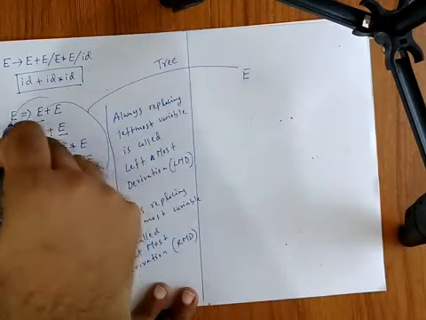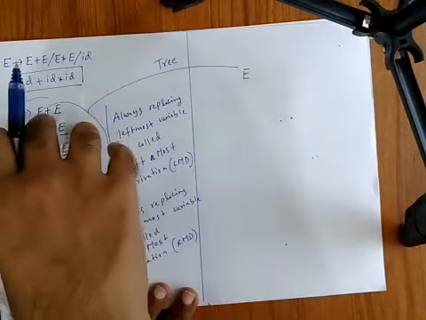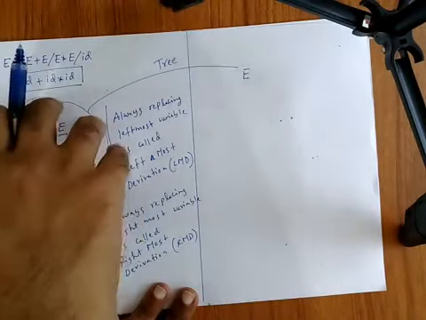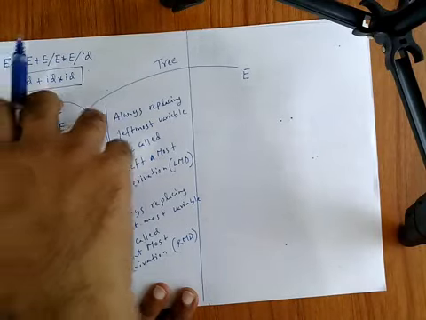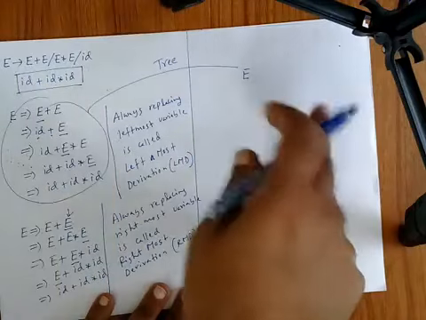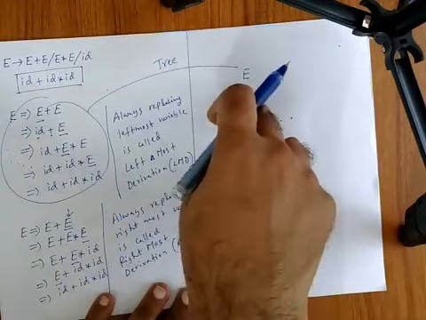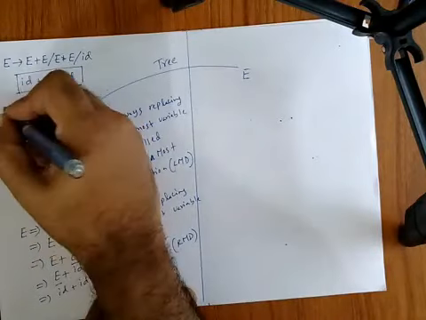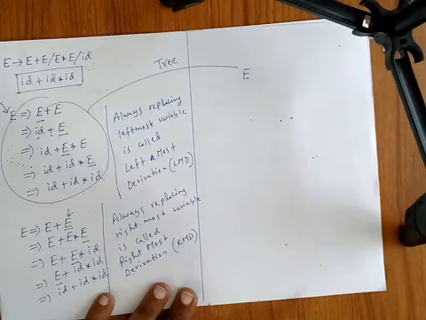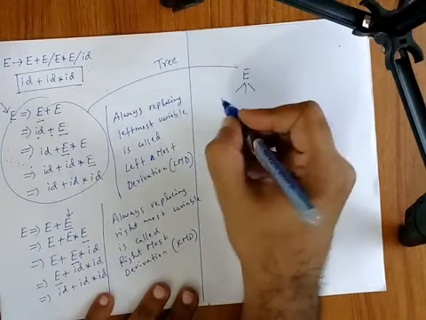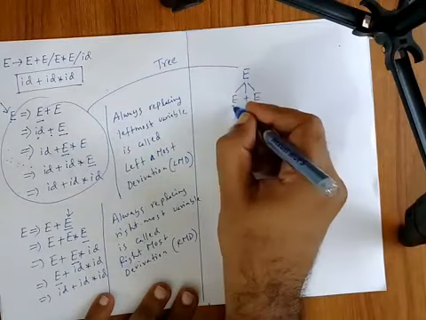We start from E, so E is the root. The derivation process would be the same, but instead of writing line by line, we are converting it to a tree. The root would be this. Then E would become E plus E. Then this E would become ID.